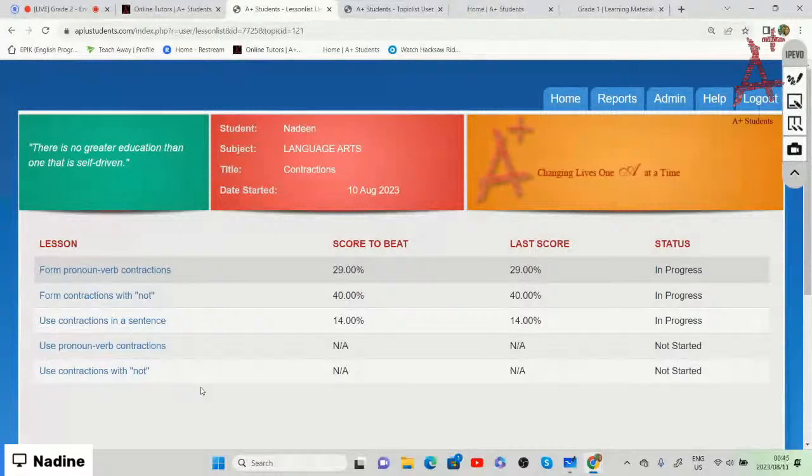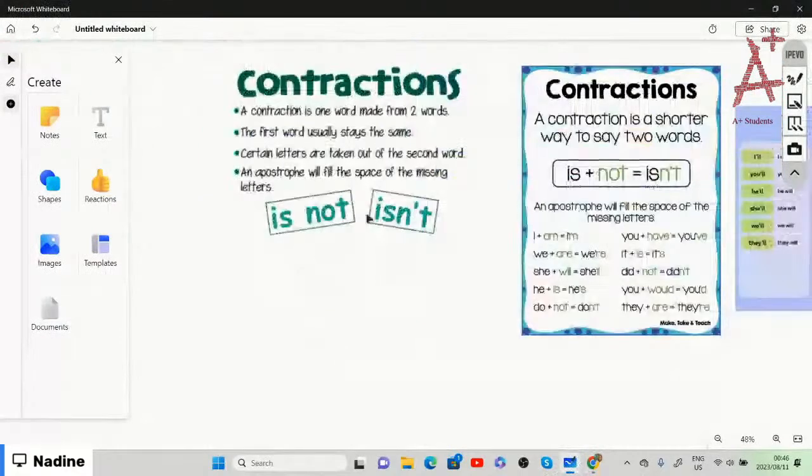All right, so far these are the contractions that we did, and we have formed pronoun verb contractions. We formed contractions with not, and we also used contractions within a sentence, right? And we said contractions, we go back to this one. We said contractions, right?